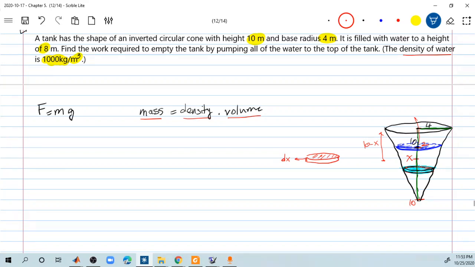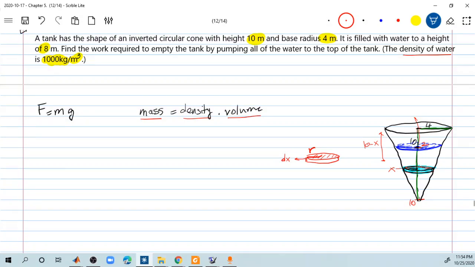If you pick one of these discs, the thickness of the disc is delta x, or dx. The radius we don't know, so let me call it r, and let me pick x to be here somewhere.